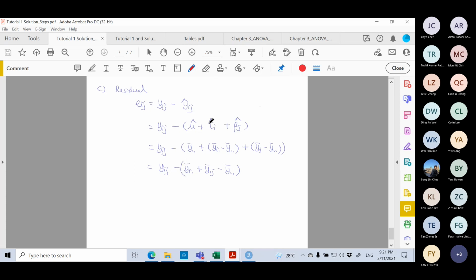Any more questions? Okay. So the tutorial one, I think, is just the warming up to prepare you for your ANOVA. Once you're familiar with the first tutorial, you can proceed faster for the ANOVA section, and then the 2 to the power k factorial design, you will be more familiar with it.